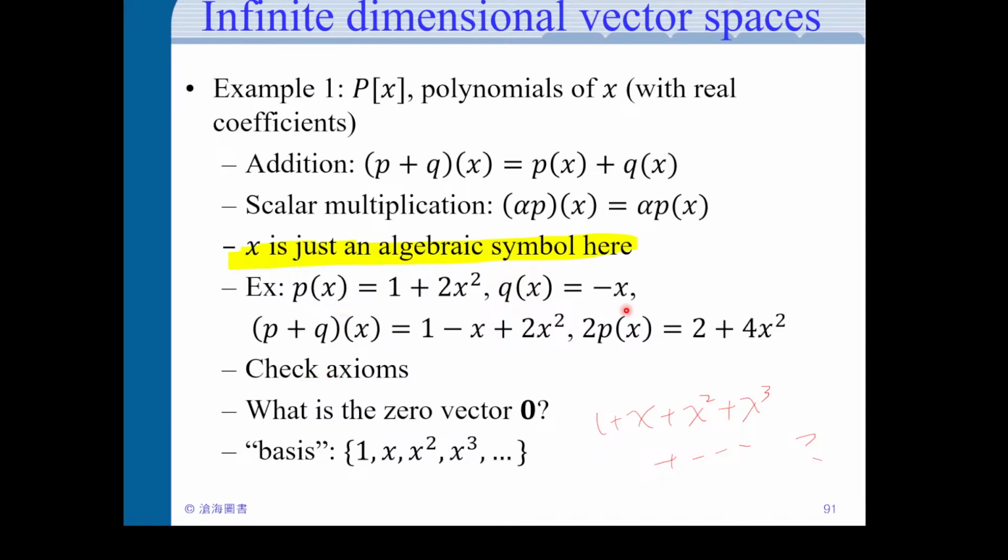The closure is pretty obvious. Whenever you do this addition and multiplication, you still get a polynomial of x. You can also check all the axioms about addition and multiplication, and they will be satisfied. And this is really a vector space.